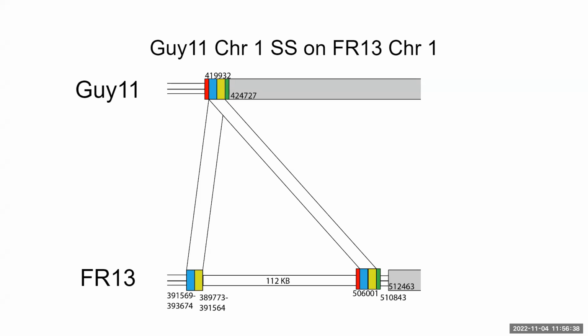So actually FR13 contained approximately 112 kilobases of sequence that wasn't in the G11 Starship. So maybe that suggests that it was on FR13. And then these sequences right here, the blue and the yellow-greenish colored, recombined on G11. So I thought that was pretty interesting. I just stumbled upon that by accident, but that's really cool.